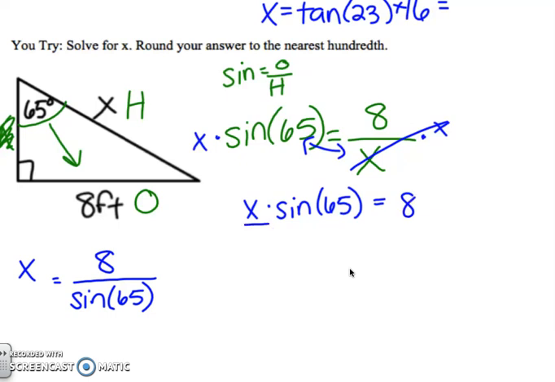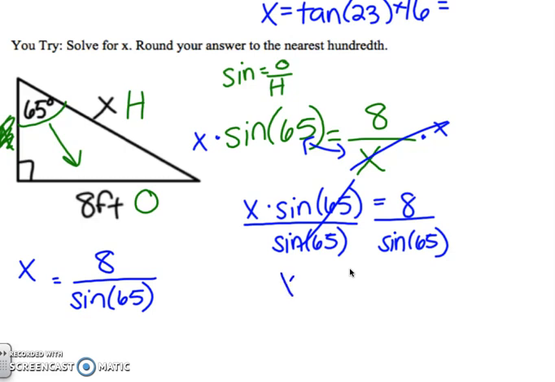To get x by itself, I would need to divide by sine of 65. And I would get x equals 8 over sine of 65. So that's where it mathematically makes sense. But if you can remember the cool little mnemonic device, x down low, switch it, and then you've got 8 over sine of 65.